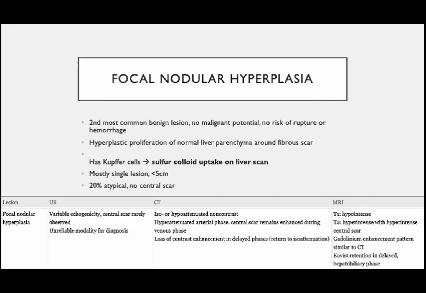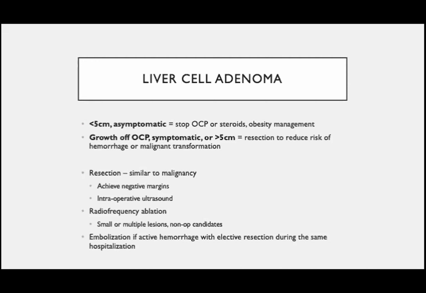Sorry, just to add on. For the exam, stop the OCP and then resect for anything above 5, especially in a childbearing woman. But in reality, most of these are inflammatory, so we try not to resect unless they're symptomatic or really large and the patient wants to become pregnant.